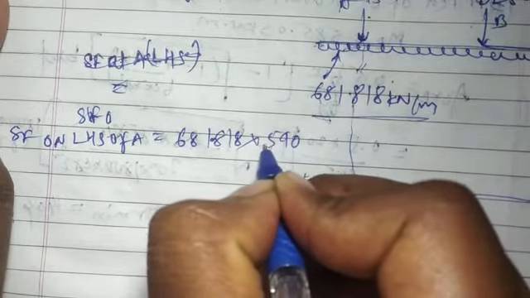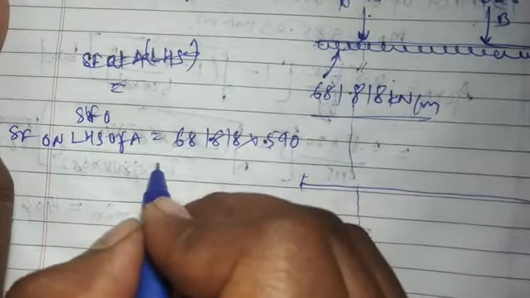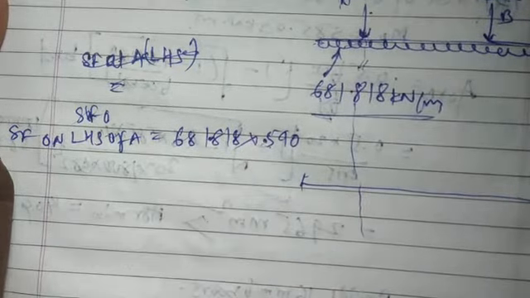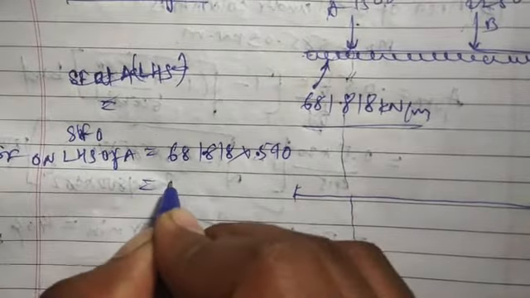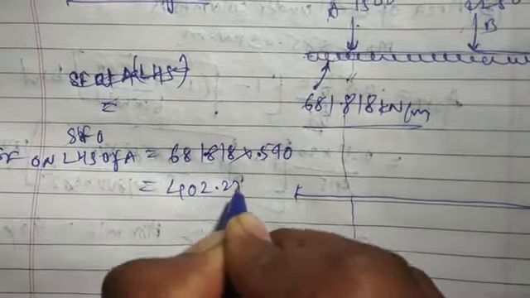In meter we'll write 0.590. If you multiply this you will get 402.27 kilonewton.